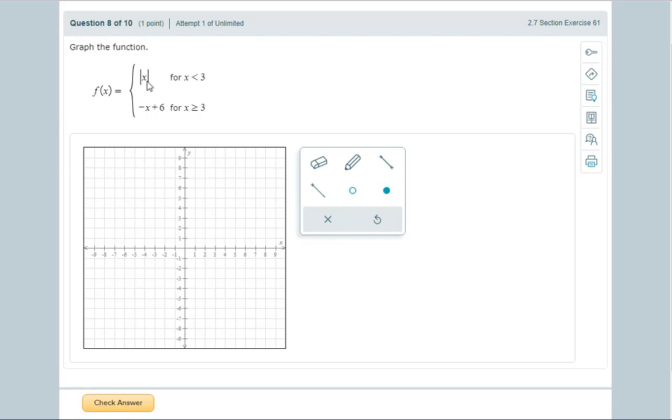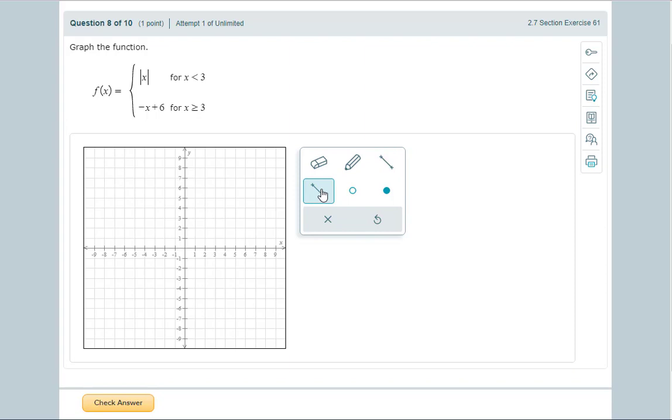Absolute value we know is a V shape. So I need to make a V shape, but it has to stop at 3. So I have all these tools over here. This tool is to make two dots and it stops. This one is a line.